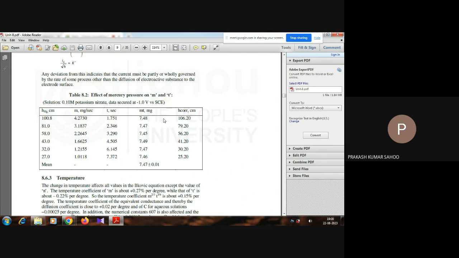So we have height of mercury in centimeter, and this is the height h, this is the milligram per second, this is the rate, this is a second, this is m t into mg multiplication. Then we have height of the corrosion in centimeter.